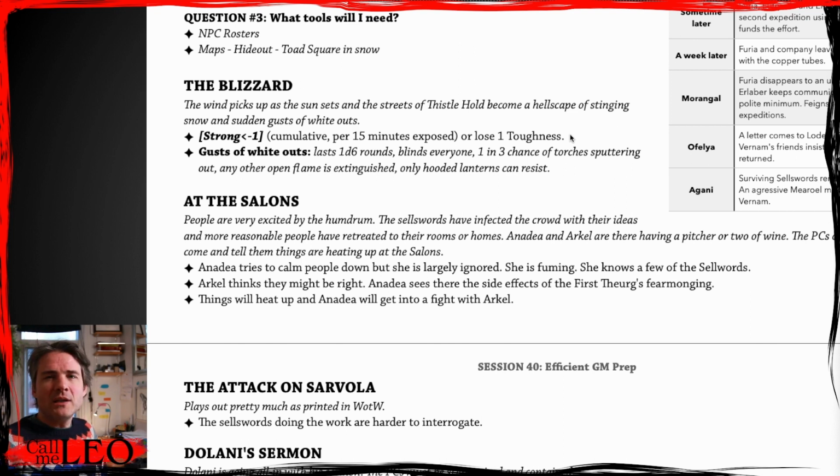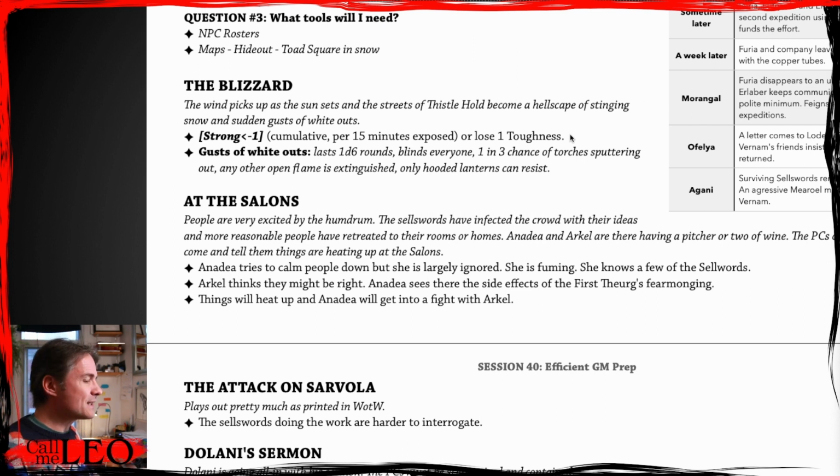It's just a pressure tool. It's not there to be realistic. That's why the damage it does is not really significant, and that's not the point. It's just that every time they roll this, they will be reminded that they're freezing out there.